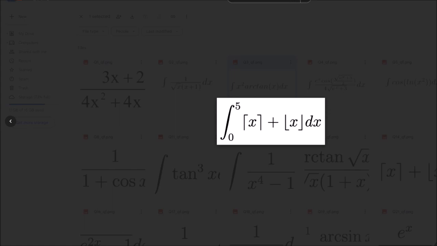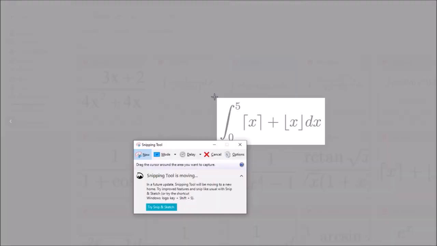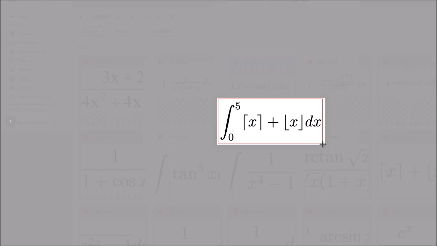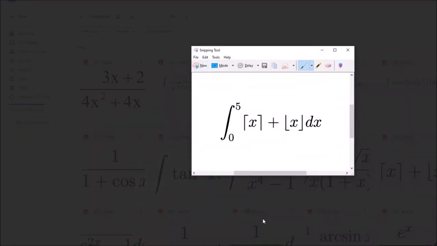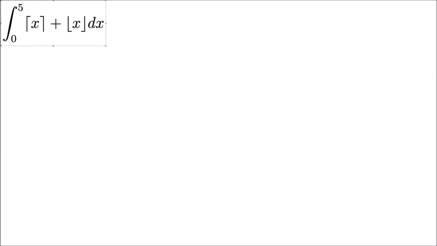Oh boy. Of course they would put this in. Who would not want to put this in? Wow. Okay.